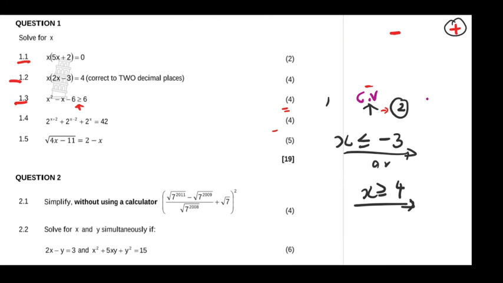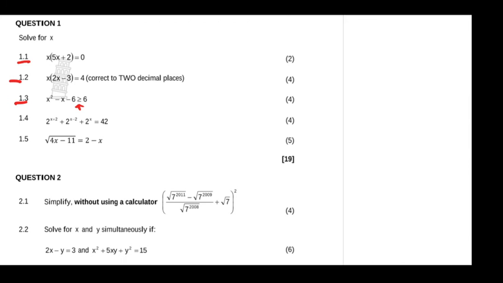So now we're going to do 1.4. As you can see, we have 2 to the power of x plus 2, plus 2 to the power of x minus 2, plus 2 to the power of x, equals 42, right?